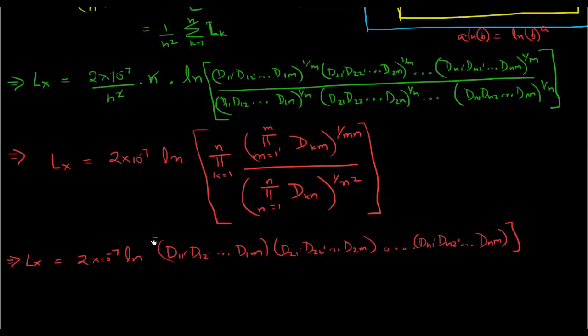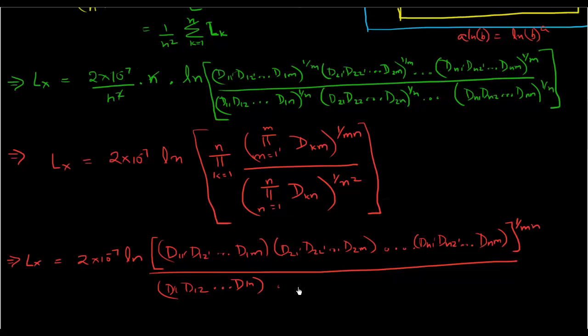All of this to the power of 1 over mn, and in the denominator you will have d11, d12, all the way to d1n, so on, all the way to dn1, dn2 till dnn, and all of this raised to the power 1 over n square.